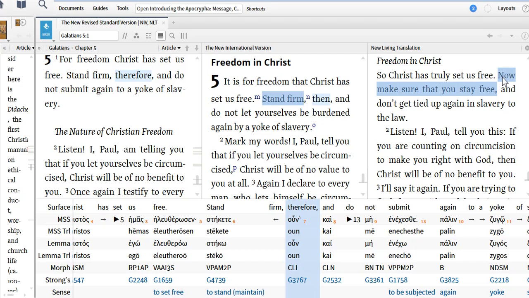which is essentially the meaning of the simple command here, stay, an imperative, stand firm. But what does it mean, stand firm, in this context? It means remain free.